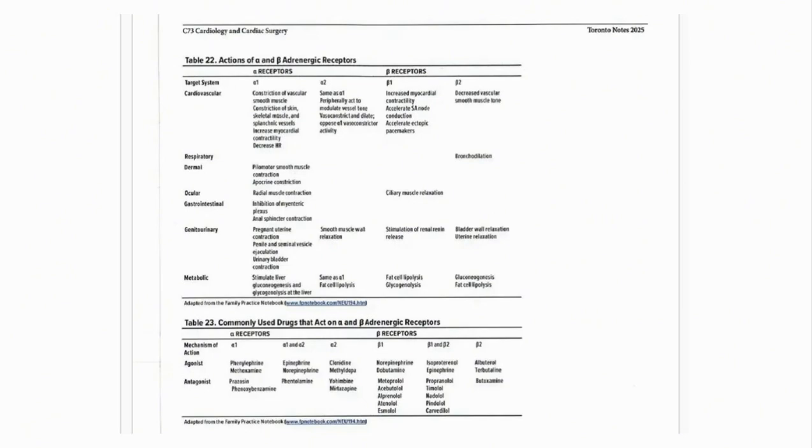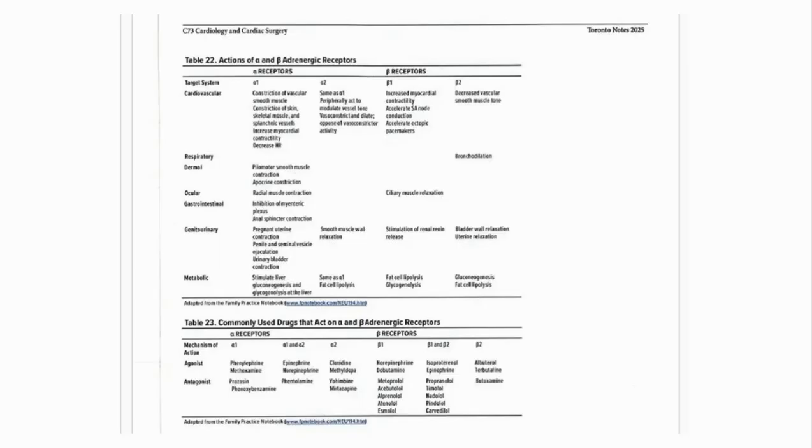Beta-1 receptors. Beta-1 receptors are concentrated primarily in the heart and kidneys. A simple mnemonic is beta-1 equals 1 heart. Cardiovascular effect. Activation of beta-1 receptors produces 3 major cardiac effects.